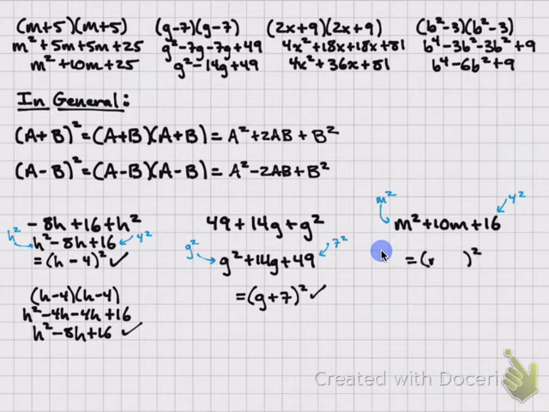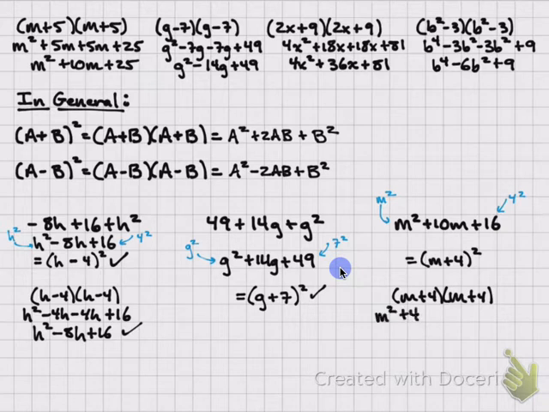And well, let's see. That plus 10m as our middle term tells us, okay, if it's going to be anything, it's going to be m plus 4 quantity squared. Let's actually multiply this one out to see if it matches our original polynomial, to make sure we factored it correctly. So if we were to multiply that out, m plus 4 times m plus 4, well, I think we get m times m, which is m squared.